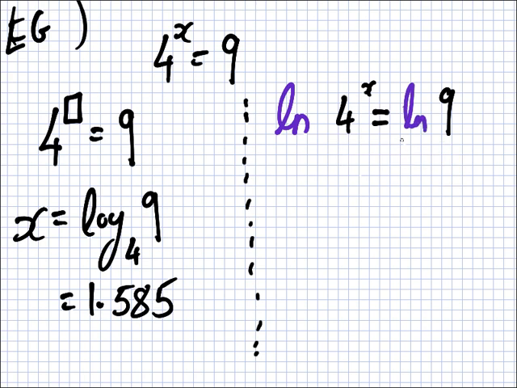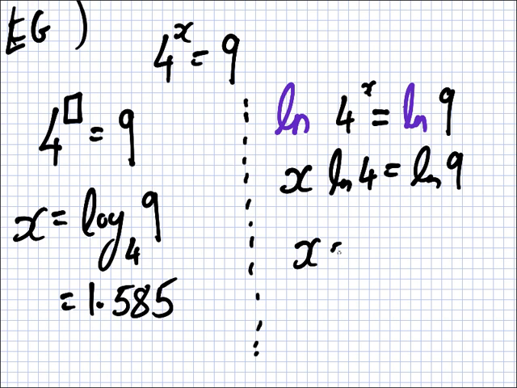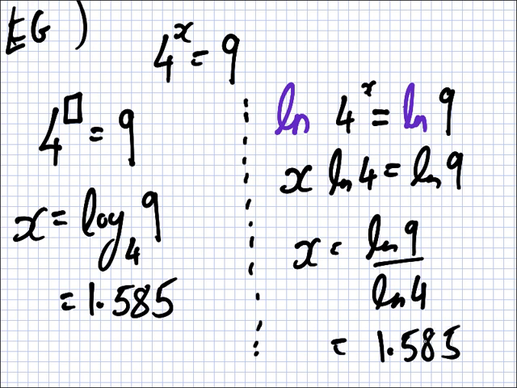Now, we can use the third rule of logs. The x here can come down in front. And then what should I do next? Now you might be confused why these two answers are the same, but believe it or not, this is the same as this, and you can make it the same if you use rule 6, the change of base rule.